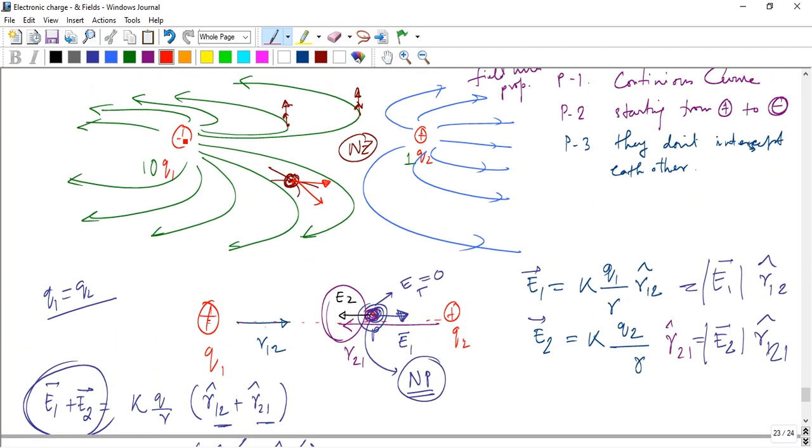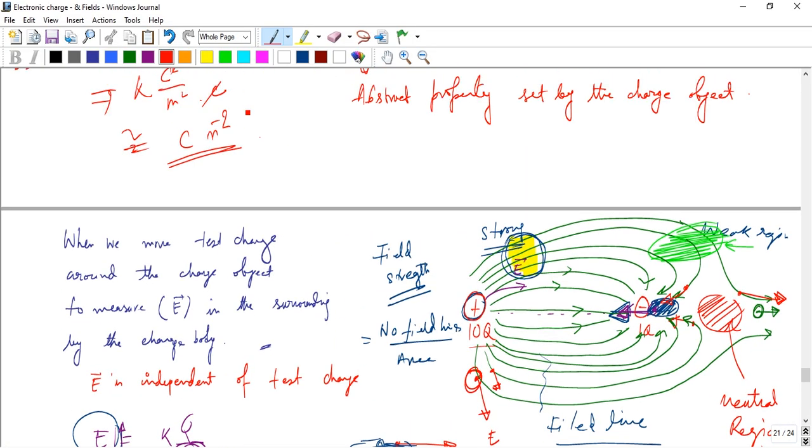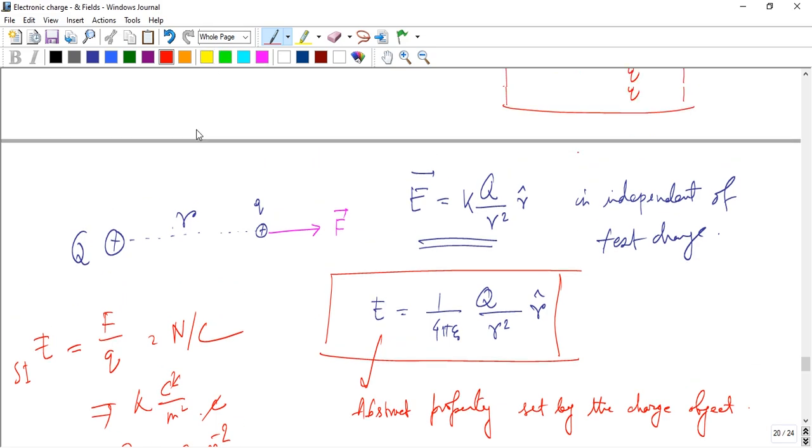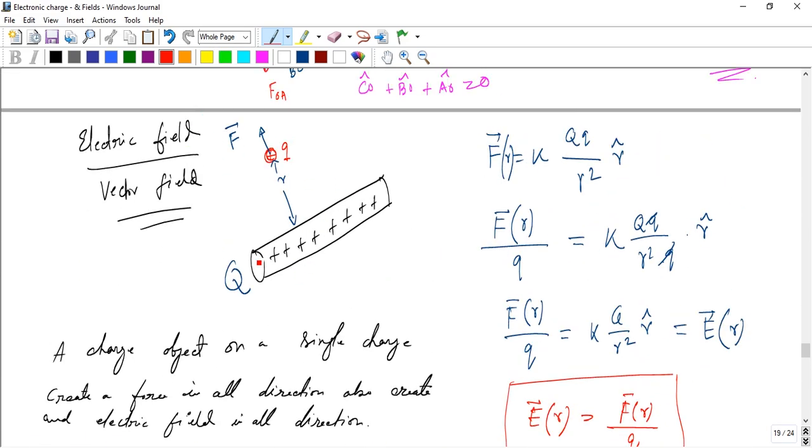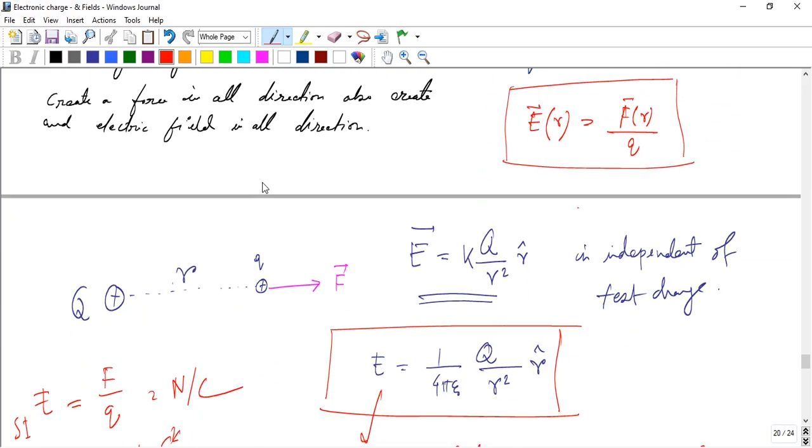Calculate the electric field at Q1, where there is only one source charge and one test charge. That is the one-charge body we discussed previously, with one test charge. Now calculate the electric field for a system of multiple charges.